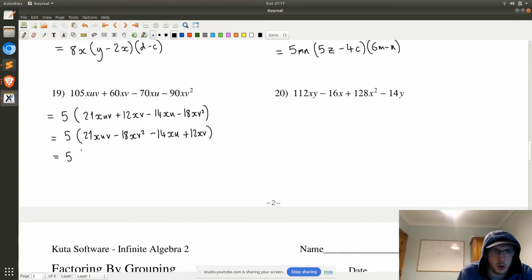Now 5, open your brackets. Okay, so who's going to be outside the brackets? That will be 3xv. Who's inside? 7u take 6v.